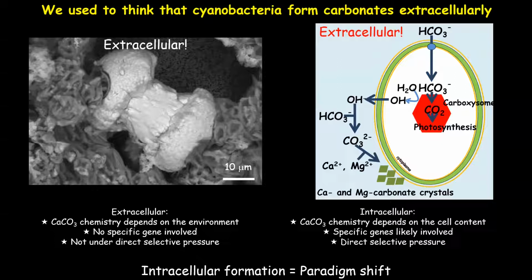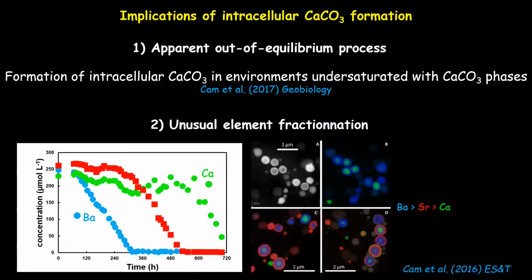This has to be regulated by the cells. So there are probably specific genes that are involved in the formation of intracellular carbonates. So again, the past view was that they don't want to precipitate carbonates. The new view, with the intracellular ones, is that maybe they really intend to precipitate this carbonate, and there might be a function. But I'll get back to this.